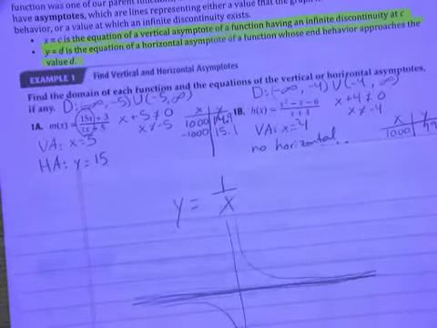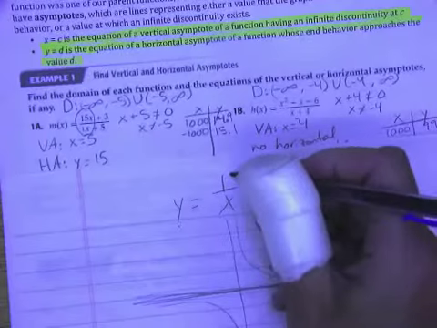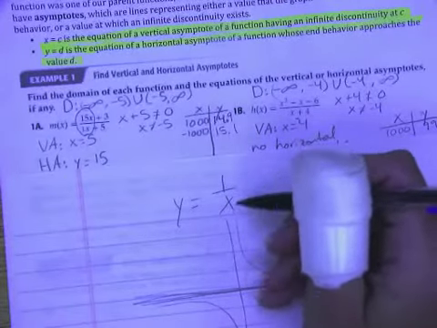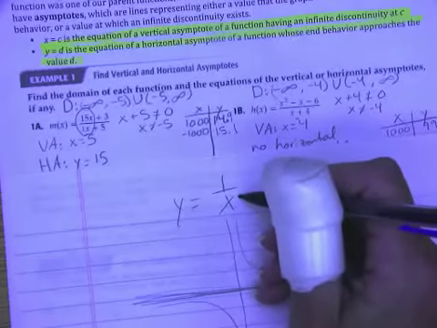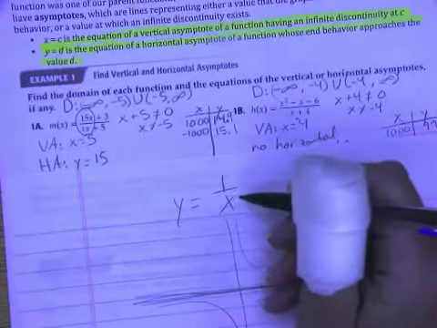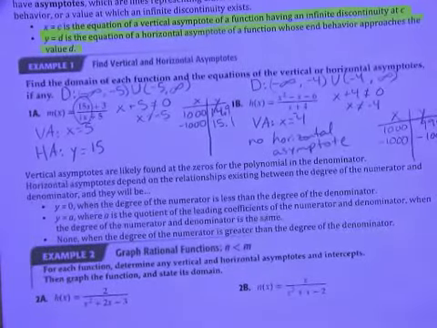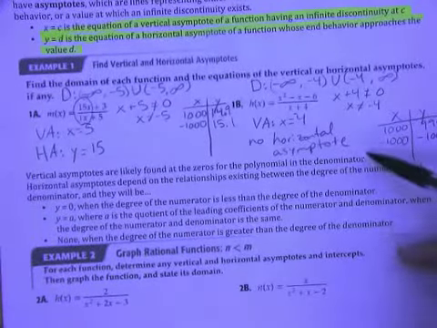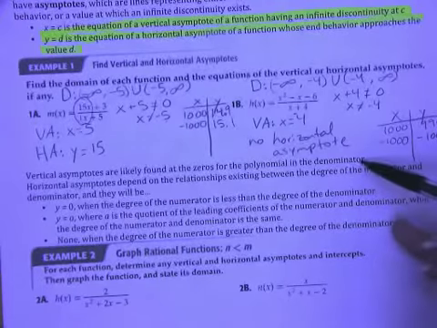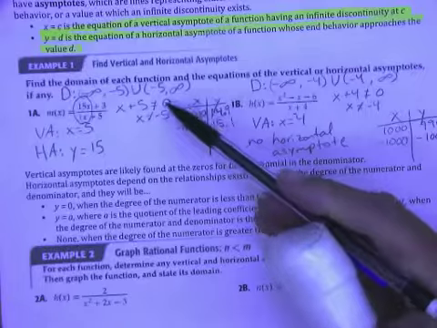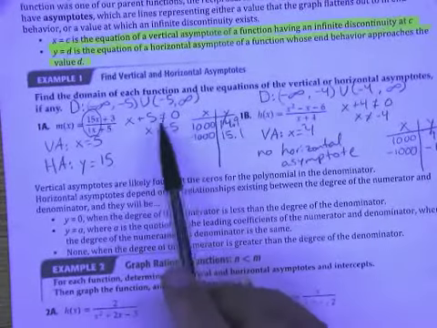It looked like this. And look at this line. That's my horizontal asymptote at y equals 0. Notice how this smallest exponent, you don't see it, but it's a 0, is less than this highest exponent. Again, you don't see it, but it's a 1. So that's why that horizontal asymptote was 0.